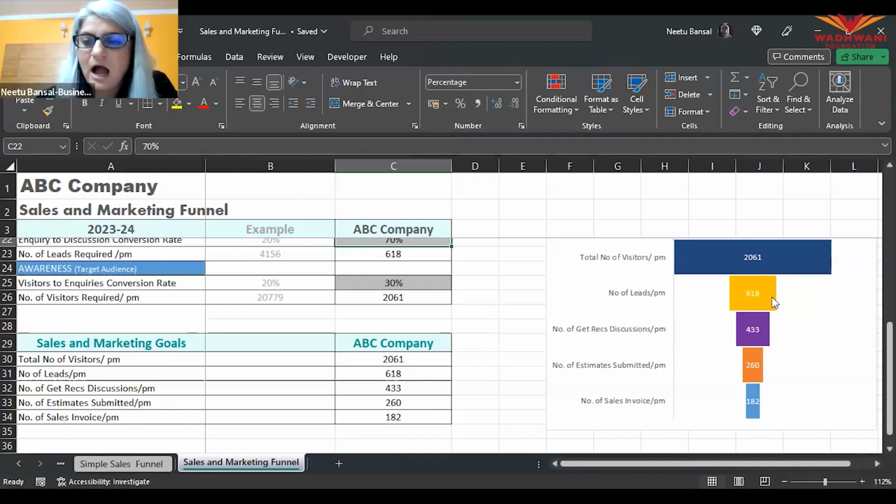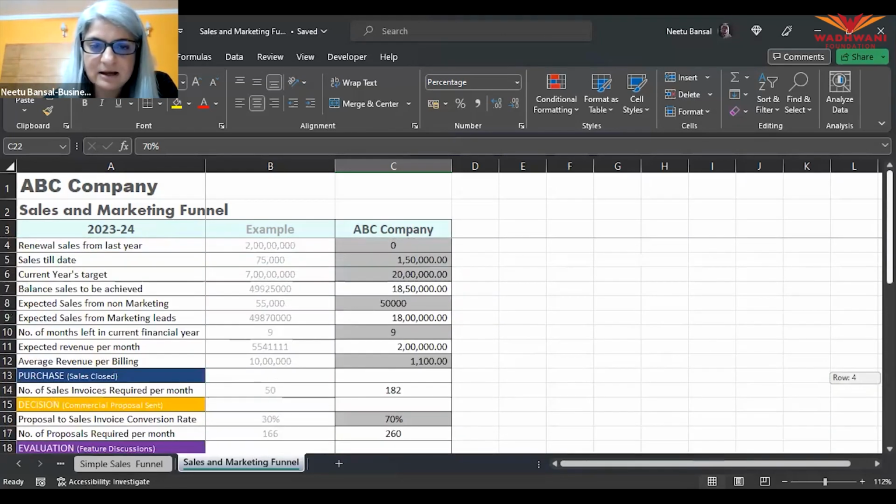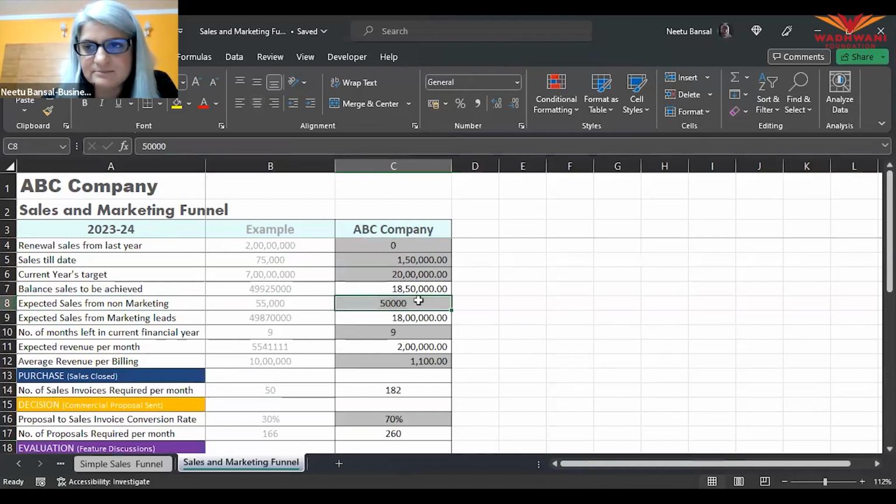If your budget is not allowing you, then you see how you can improve on this number, and this number. Because these two, non-marketing and the value of my billing, are the things which can improve my funnel without investing more on marketing, or vice versa.